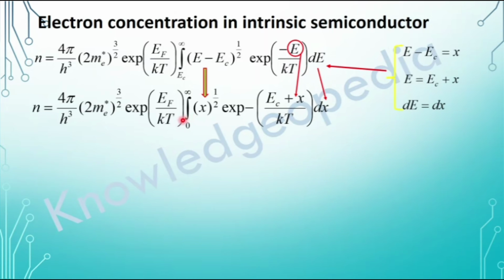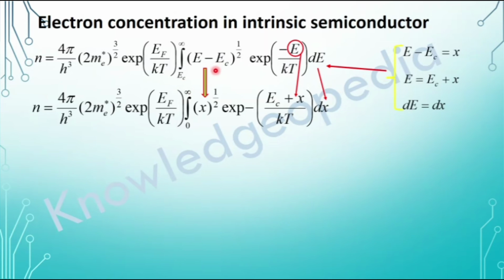So the lower limit over here is 0. Coming to the upper limit, this is infinity. If I put infinity over here, infinity minus EC will be again infinity. So the upper limit remains as it is, that is infinity.